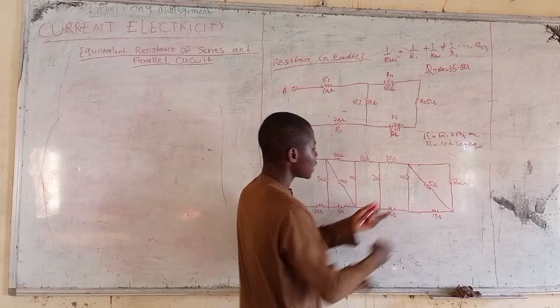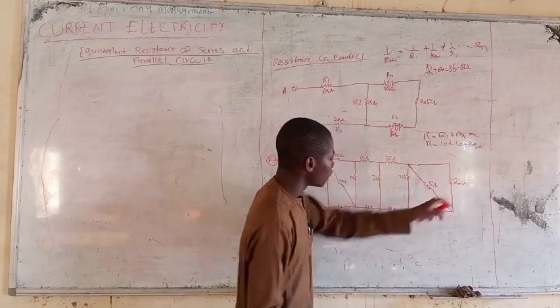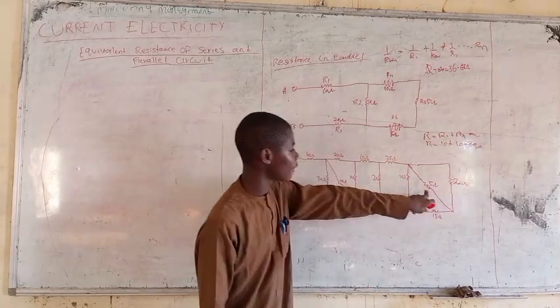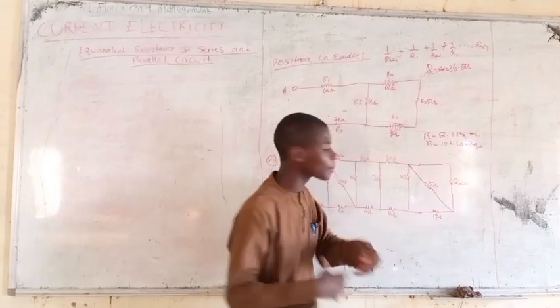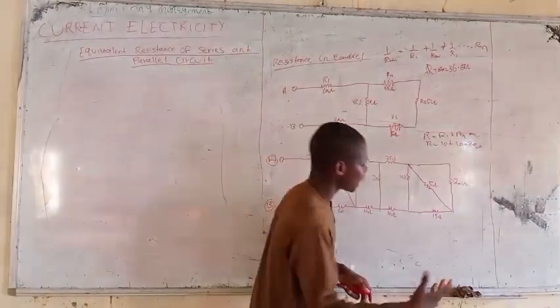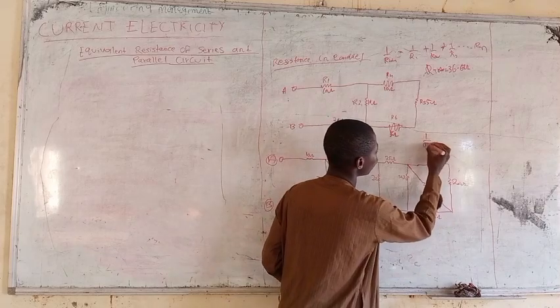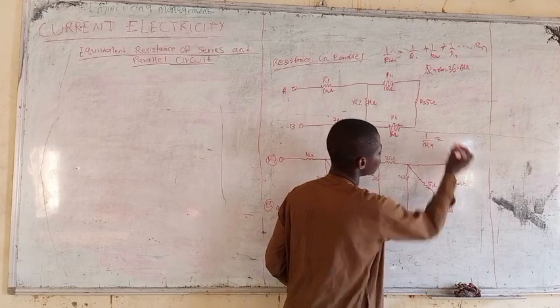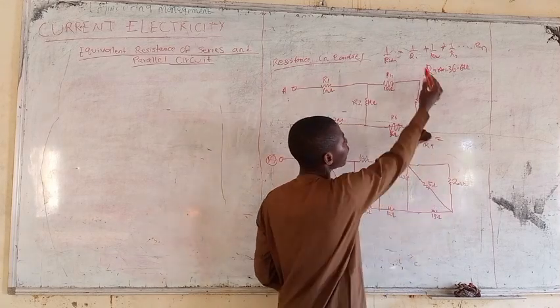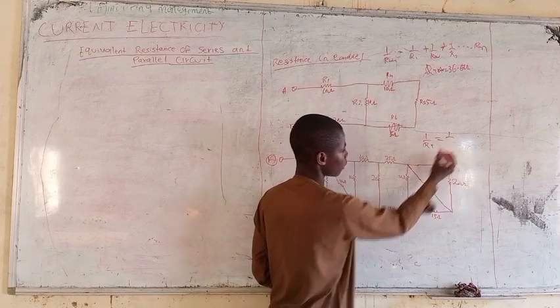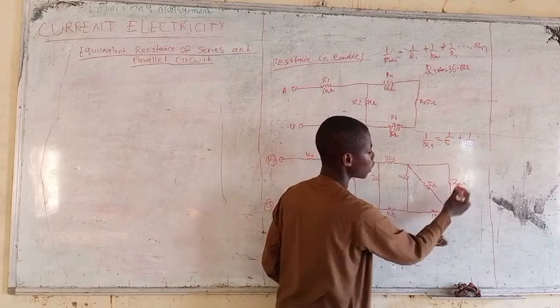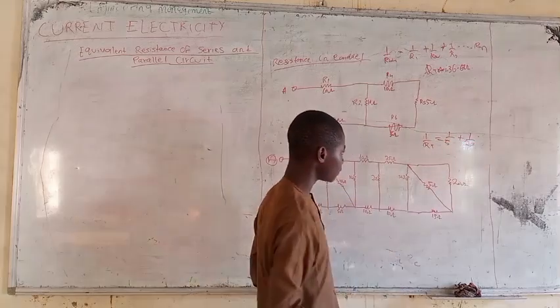Let's move to the next step. Between 20 ohm and 5 ohm, we have parallel resistance. Our formula for parallel: 1 over R total is equal to 1 over 5 plus 1 over 20.